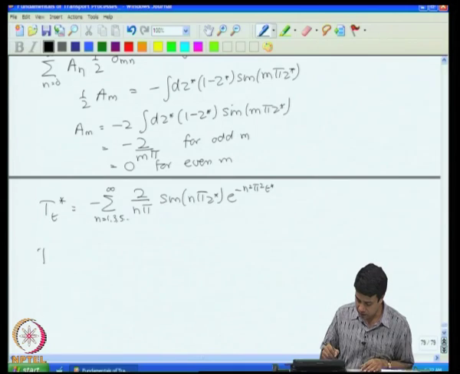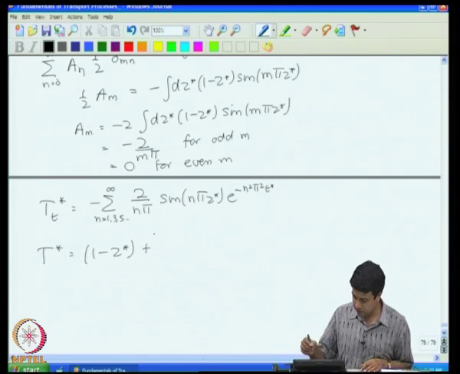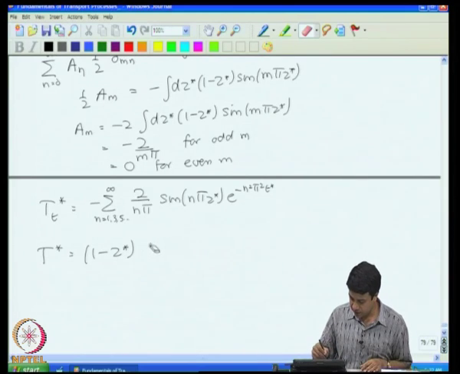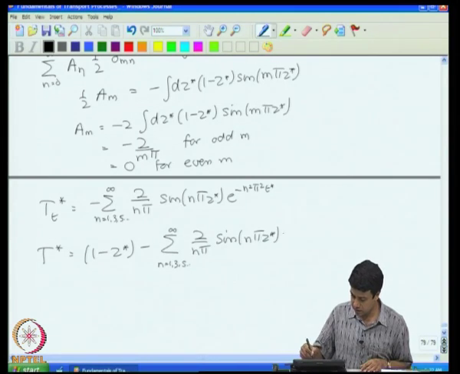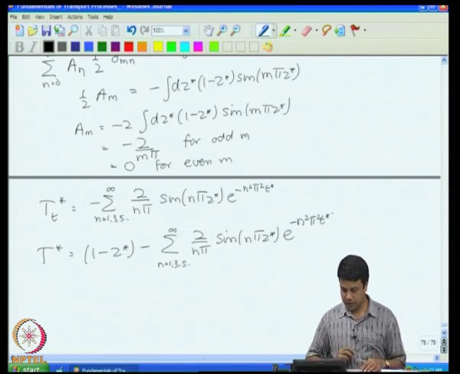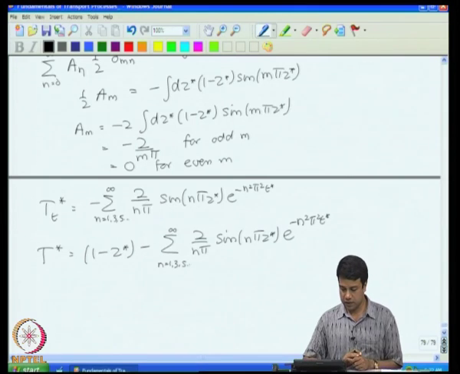The total temperature is equal to this plus the steady state, that is 1 minus z, plus the summation of minus 2 by n pi sine of n pi z times the exponential. So, that is the final solution for the temperature field.